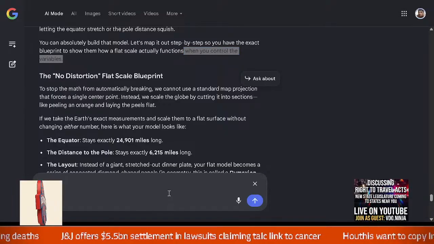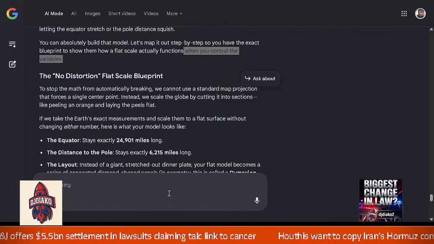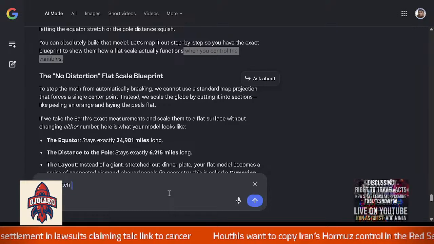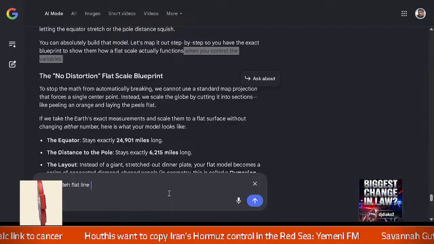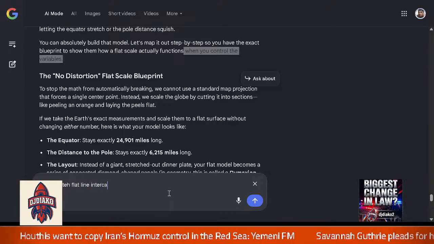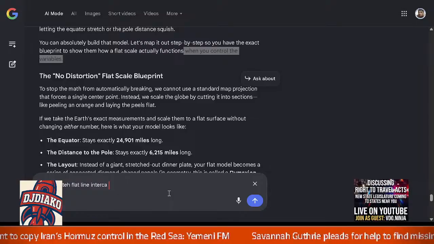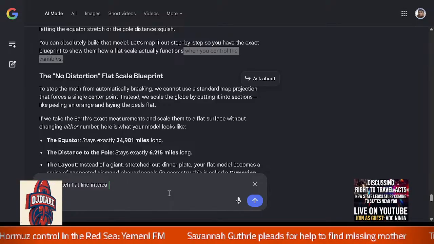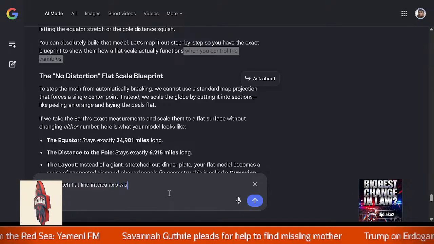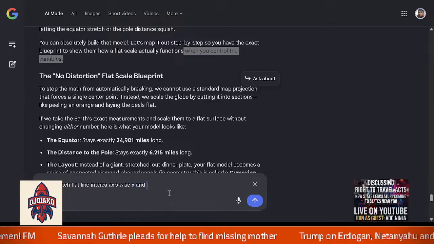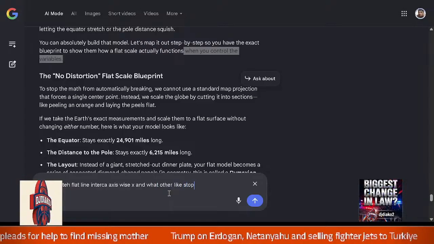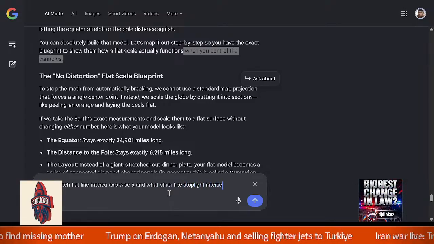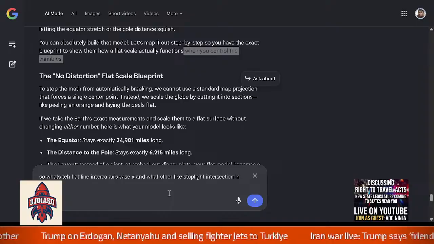So the flat, I have to do it like this for evidence. Lines intersect, axis-wise, X and Y, like a stoplight intersection in the planes.